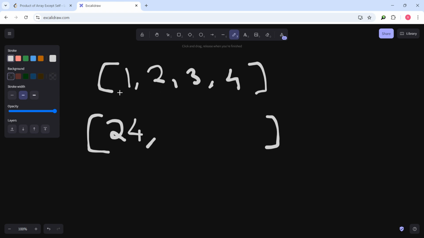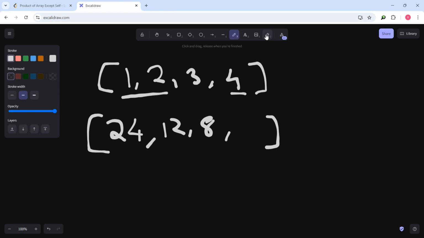Second value means it should be the product of this and these two. So what will it be? It will be 1 into 3 into 4, that is 12. Let's go to the next one. For 3, we should have the multiplication of this and this: 1 into 2 means 2, 2 into 4 means 8.